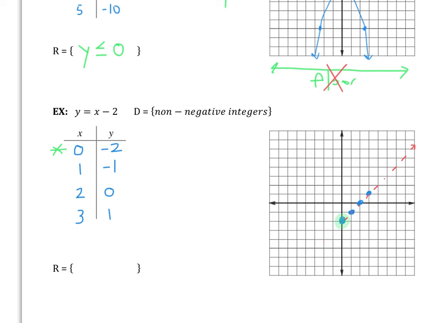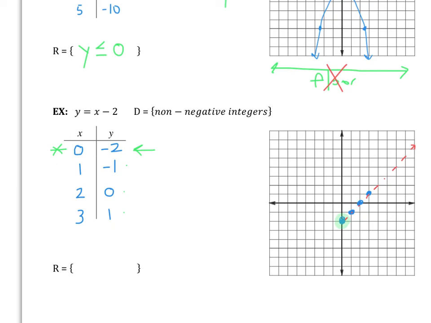Now let's think about what our range is that goes along with these. Can you identify what the range is? Remember, range deals with the y values. I notice that the smallest y value is -2. But what else are we dealing with? -1, 0, 1, and then we continue on with all those positives. We're not talking about any decimals or fractions in between.